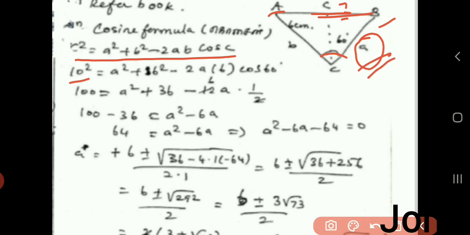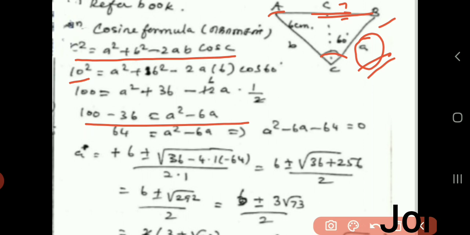Keep A as it is. So A square plus B is 6 here, so that is 36, minus 2 into A into B, which is 6 here, into cos 60 degree. Then substitute all the values. That cos 60 degree is 1 by 2.